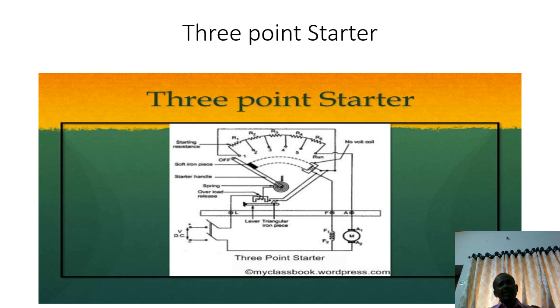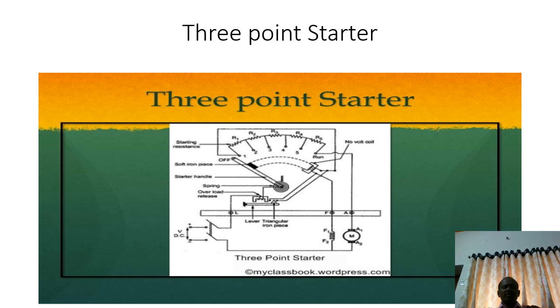To protect it, we connect an external resistance in series with the armature winding. That is the 3-point starter we are considering. We are going to discuss how the 3-point starter improves the starting performance of the DC shunt motor.